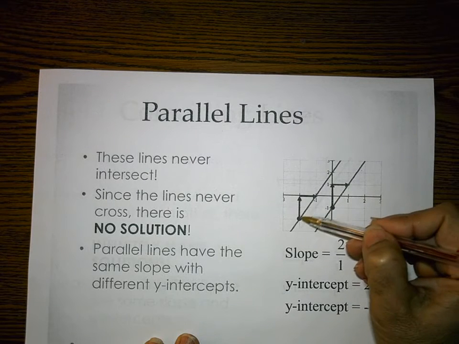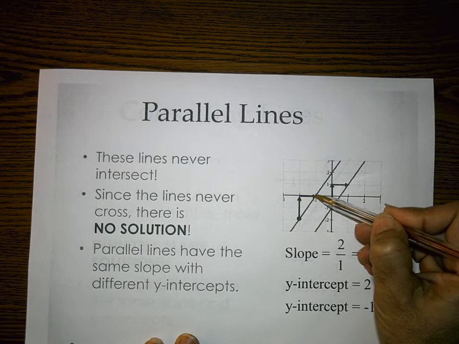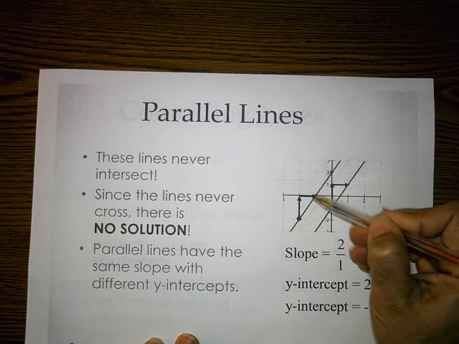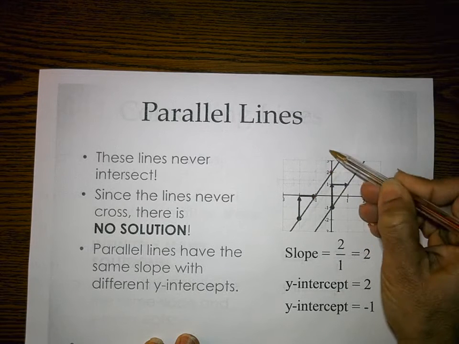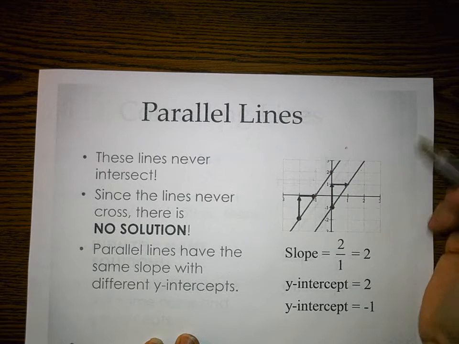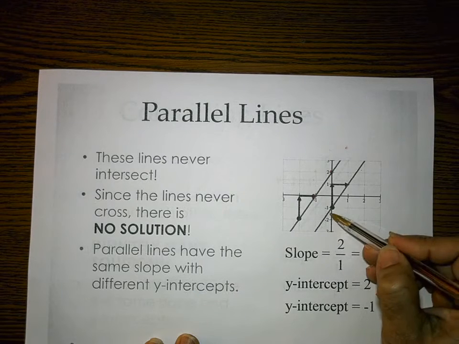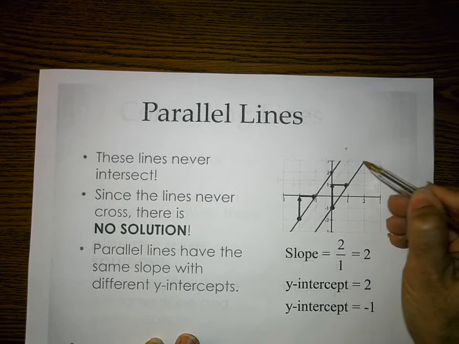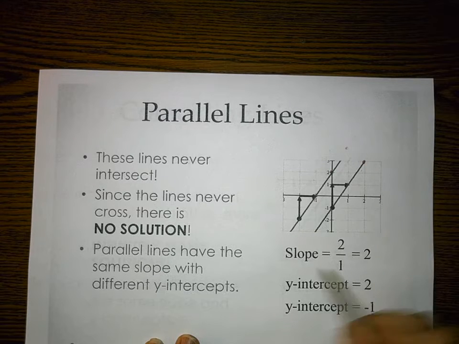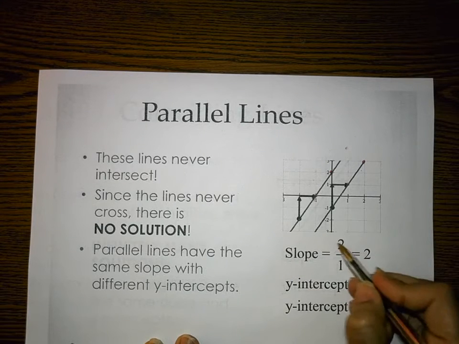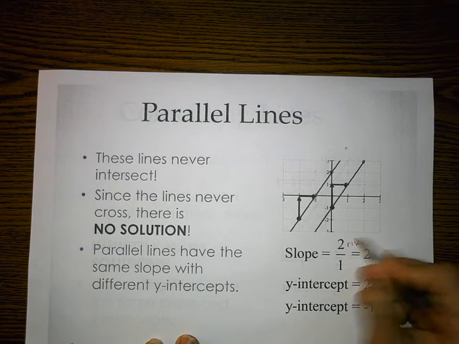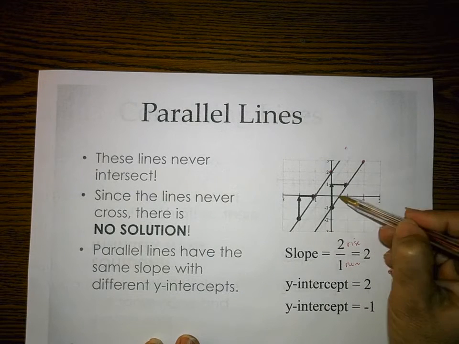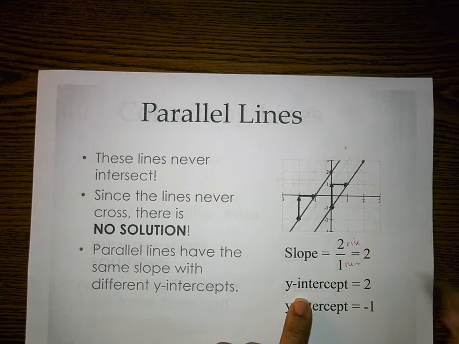Take a look at their slope. It looks like it's up 2, run 1, up 2, run 1, and I keep getting points on the line. If I keep going forever, I get this line. This other line also has the same slope, up 2, run 1, and it goes forever. So they have exactly the same slope, rise 2 and run 1, or just 2. But they have completely different y-intercepts.